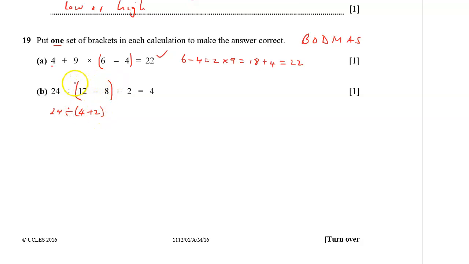So I'll put another bracket right here. I have 2 brackets in this equation. So first I'll evaluate the inside bracket to get 4, and then I'll evaluate 4 plus 2 to get 6, and therefore I'll do 24 divided by 6 to get 4. So I'll have 2 brackets right there.